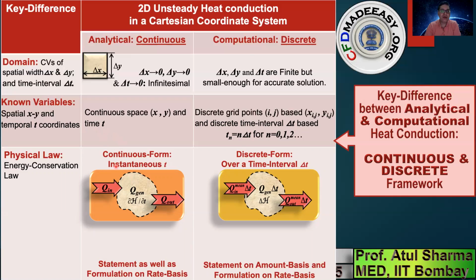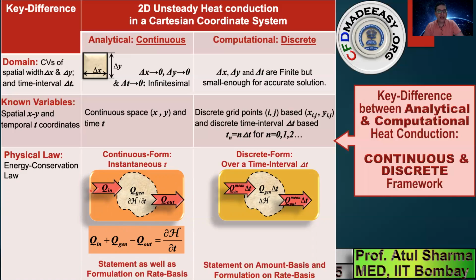So in your undergraduate course, there are two things: one is a statement and the second is a formulation. The statement used in the undergraduate heat transfer course while deriving the governing equation for heat conduction is, let me show you the equation: the rate at which heat is entering plus the rate at which heat is generated minus the rate at which heat is leaving the control volume. Let us suppose this is an arbitrary shape control volume.